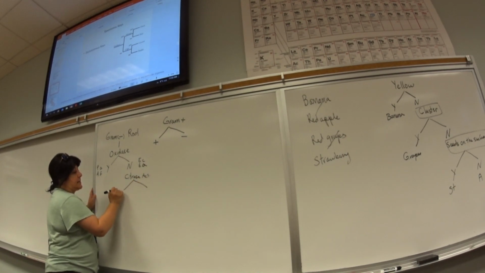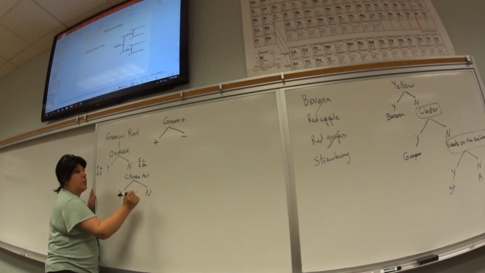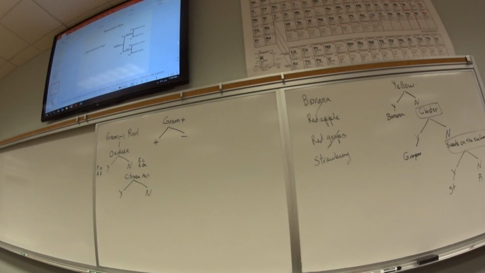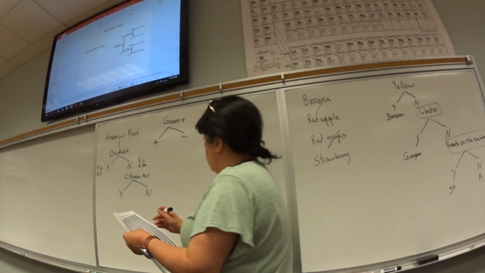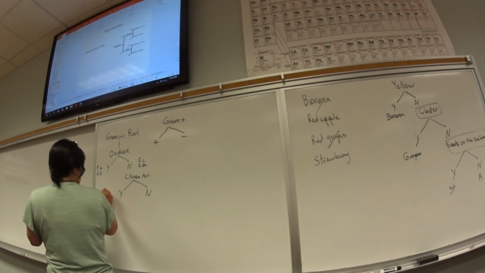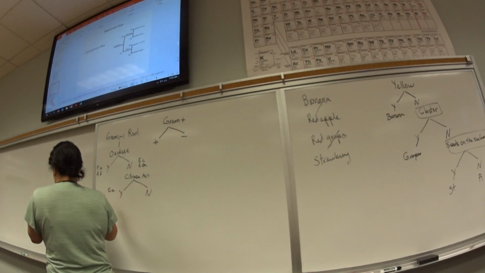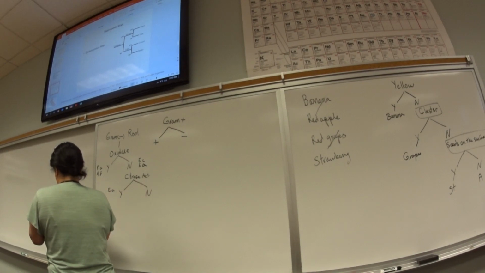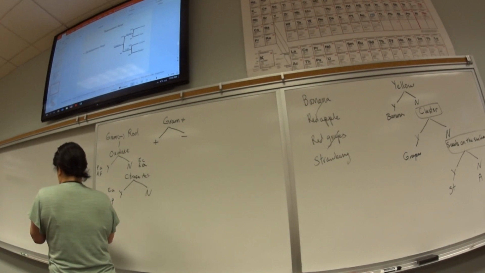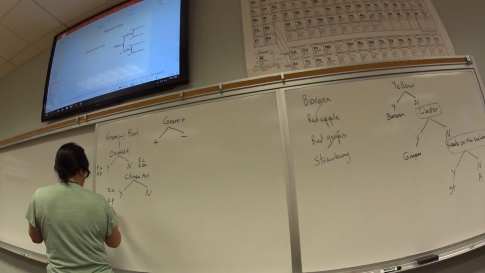Again, keep the yeses in one area, yes, no. All the ones that are citrase positive, so citrase activity: Enterobacter aerogenes, K. pneumoniae, Salmonella typhimurium.